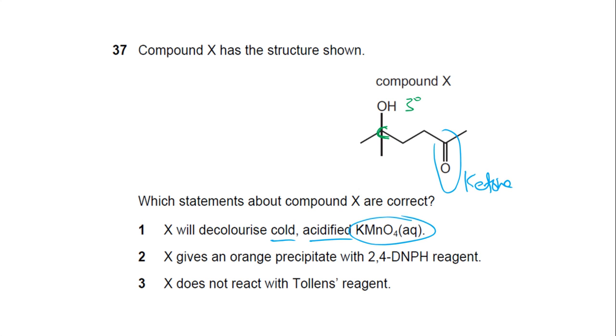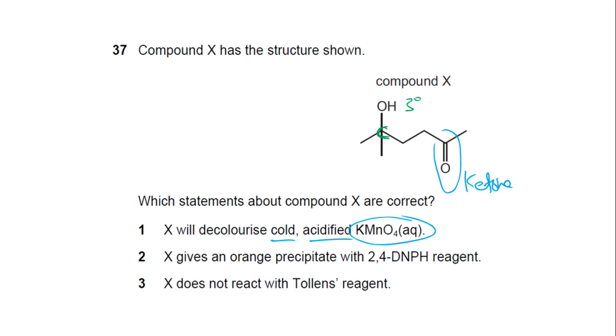Looking at the tertiary alcohol, acidified KMnO4, which is an oxidizing agent, again cannot oxidize a tertiary alcohol, because tertiary alcohols don't get oxidized. The reason is that there's no hydrogen attached to the carbon which can potentially get oxidized. Therefore, statement 1 is incorrect.